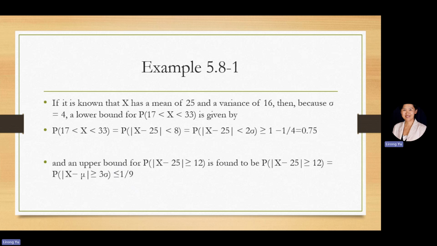Okay, so what was the original Chebyshev theorem? It was the probability that the absolute value of x minus mu is less than k times the standard deviation, which is larger than 1 minus 1 over k squared.